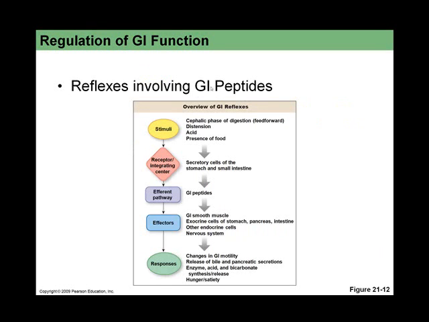As well, there are reflexes involving the gut peptide signaling systems.